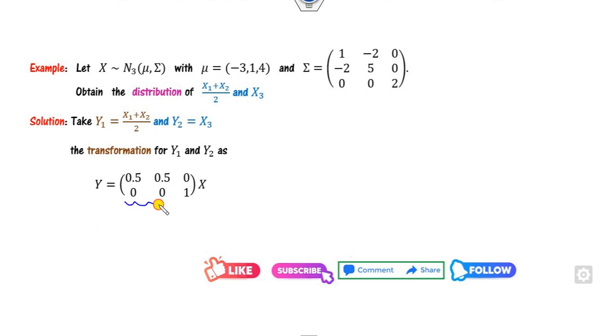Now this is basically my C. Now check whether it's singular or non-singular. Again it is not a square matrix, so we can find the rank of this C. So clearly the rank is 2, which is not equal to the number of columns. That means C is my singular matrix.